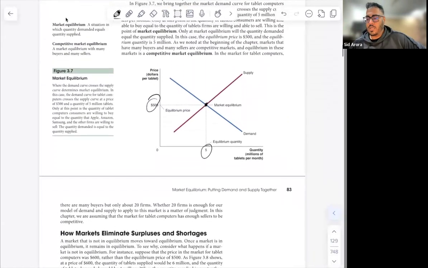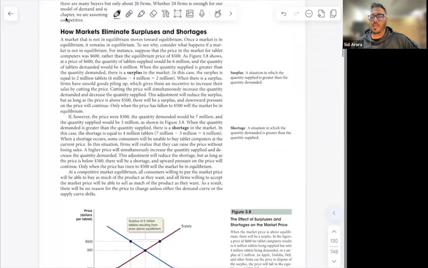Now what we're going to do is look at disruptions of the equilibrium and see how the market returns back to equilibrium. The market always has to return back to a state of equilibrium for trade to happen. Both the buyers and the sellers have to give up something, sacrifice something, to actually get to a point where trade happens.